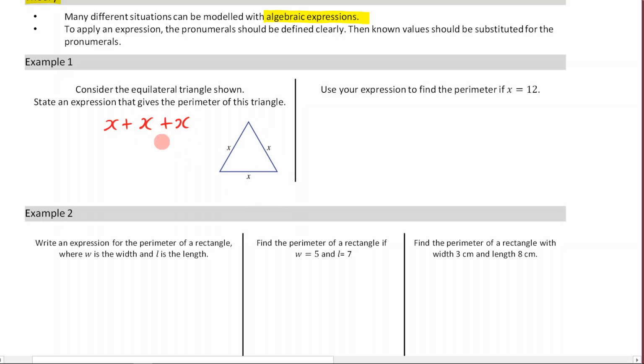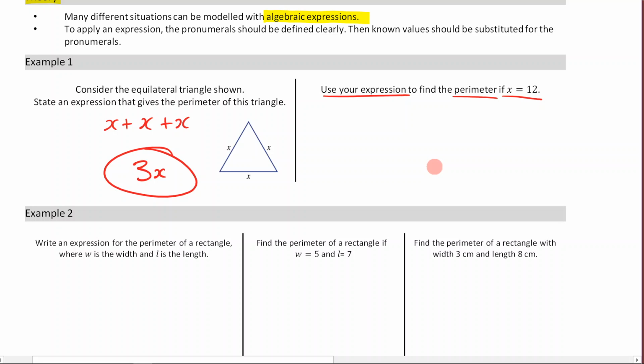Now here I have 3 lots of x. So the better way to write this would be 3 times x. But remember, we don't like writing that multiplication, so it should just be 3x. That is our expression. We're now going to use the expression to find the perimeter if x is equal to 12.